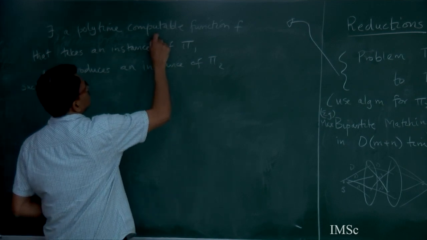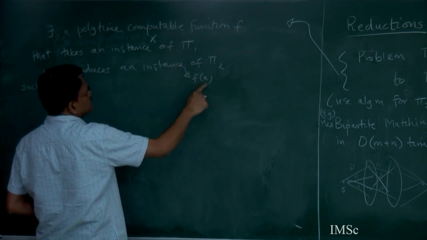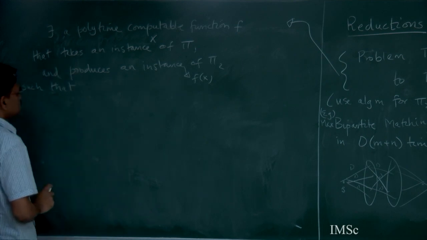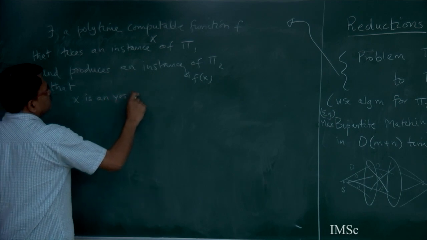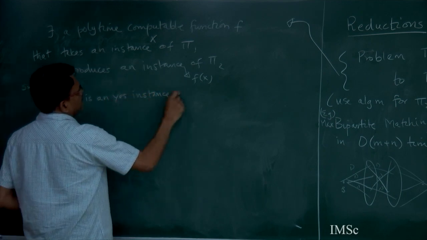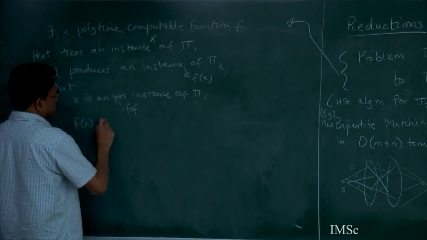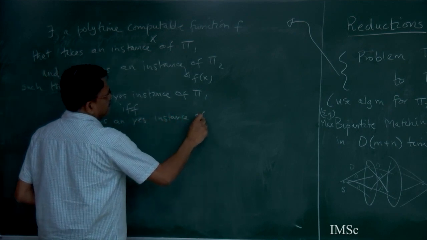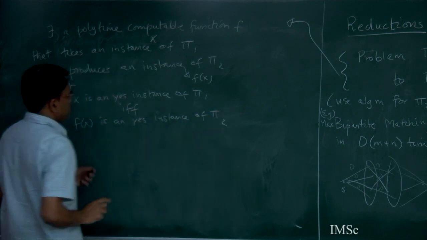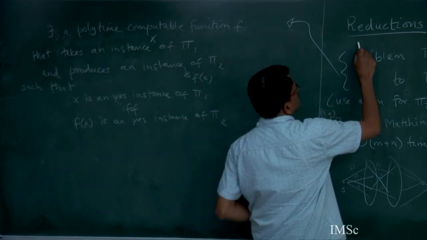If I call this x the instance of pi 1, it produces an instance f of x of pi 2 such that x is a yes instance of pi 1 if and only if f of x is a yes instance of pi 2, because we are talking about decision problems, where pi 1 and pi 2 are decision problems.